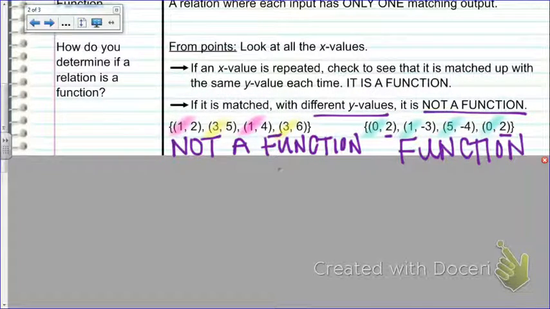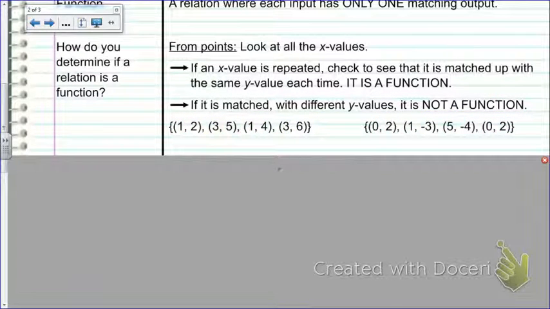So the left is not a function because the elements in the domain are attached to multiple range elements. And the right one is a function because each element in the domain has only one y value attached to it. Sound good?